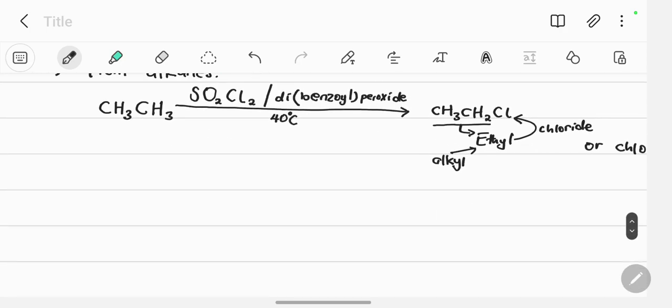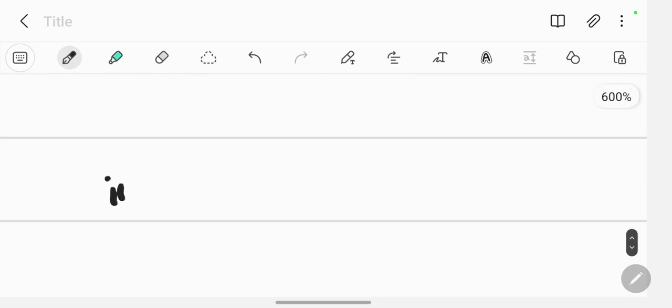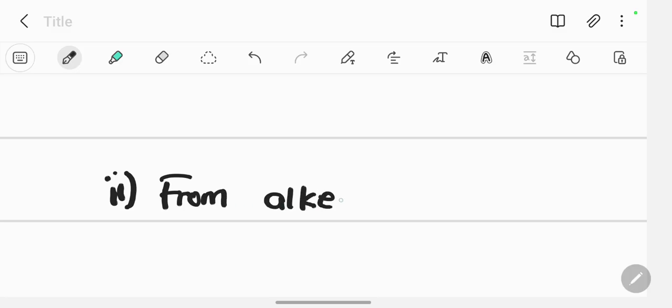Then I'm moving on to reaction 2, which is from alkenes.